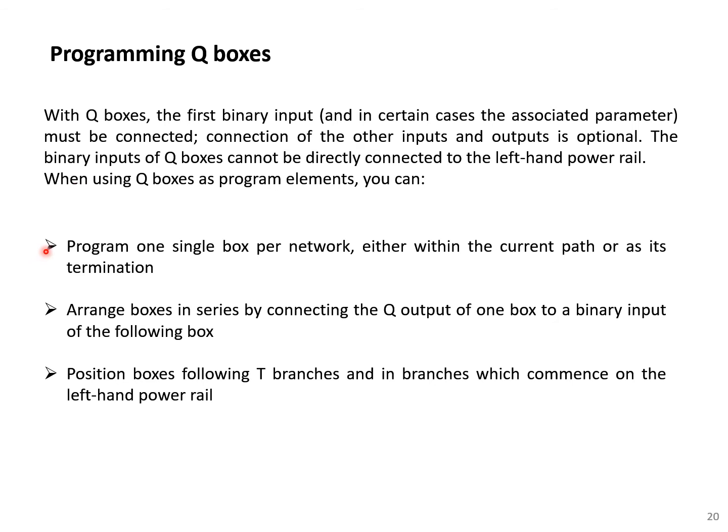When using queue boxes as a program element, you can program one single box per network, either within the current path or as its termination. Arrange boxes in series by connecting the queue output of one box to a binary input of the following box, and position boxes following T branches and in branches which commence on the left-hand power rail.